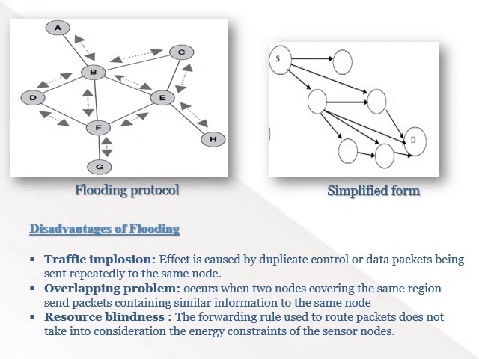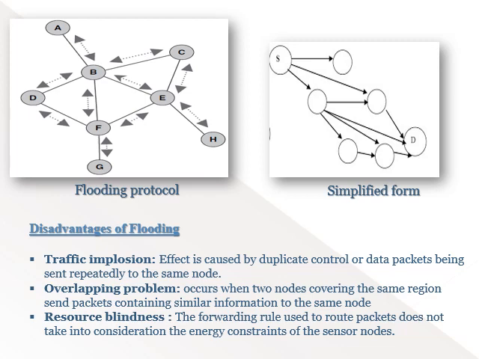Let us try to understand the flooding protocol through this figure. In the former figure, let us consider node A as the source node and node H as the destination node. Here, node A has a certain amount of information which it passes to all its nearest neighbors, B, C, and D in this case.